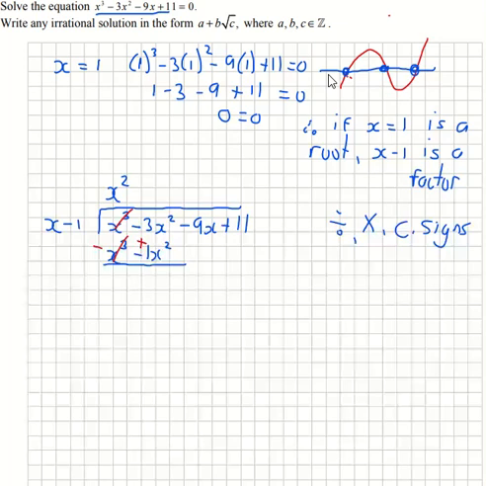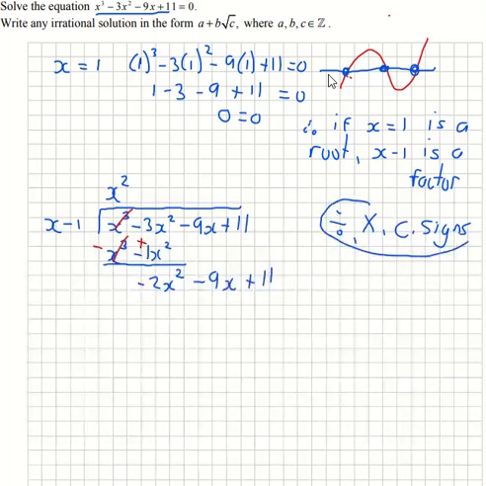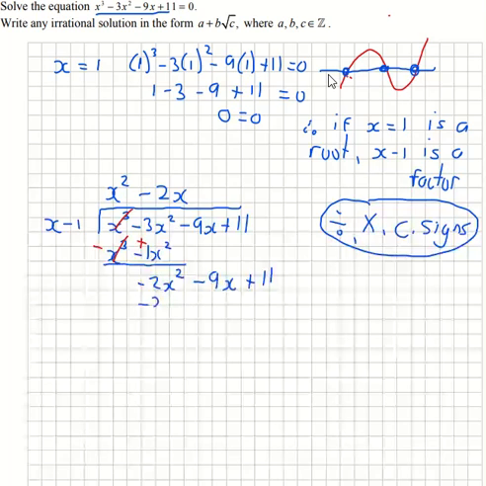Minus 3x squared plus 1x squared is minus 2x squared. And then we bring down the remaining terms. Now we repeat this process again, so we just keep repeating this process until our remainder is 0. X goes into minus 2x squared and leaves me with minus 2x. Multiply minus 2x by x and multiply minus 2x by minus 1.